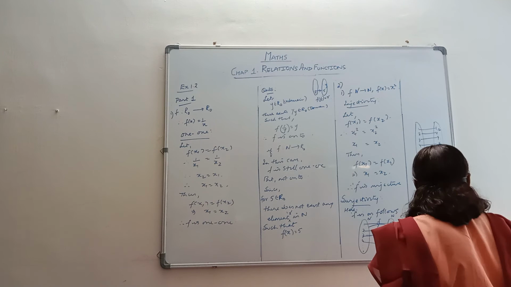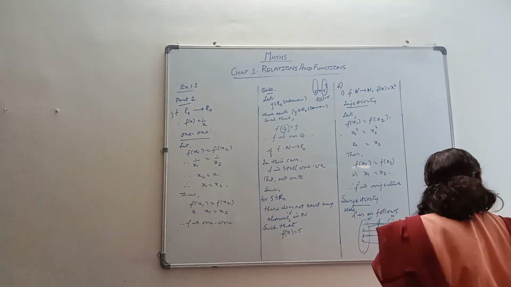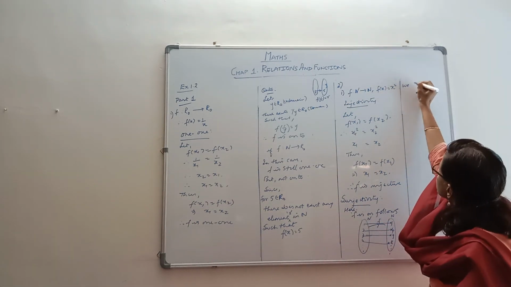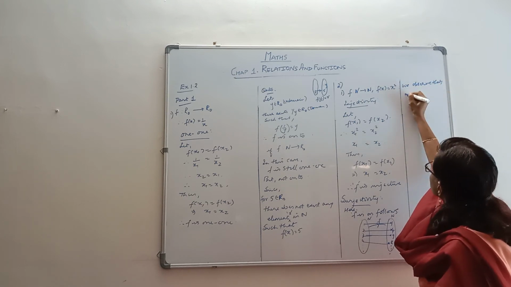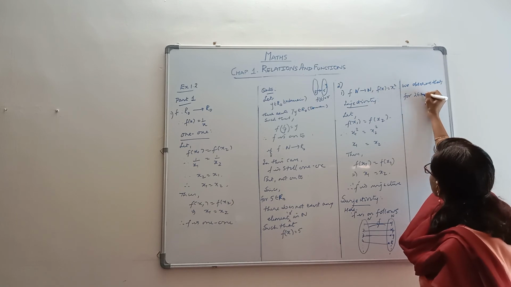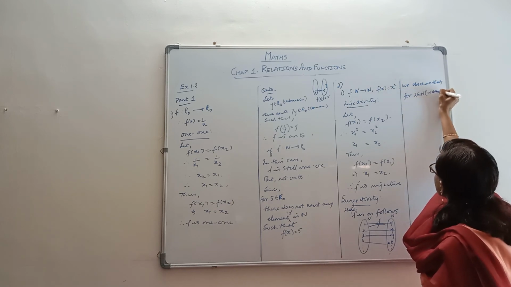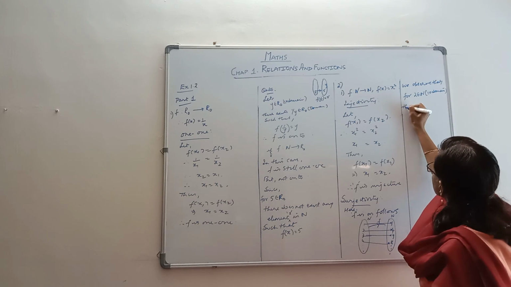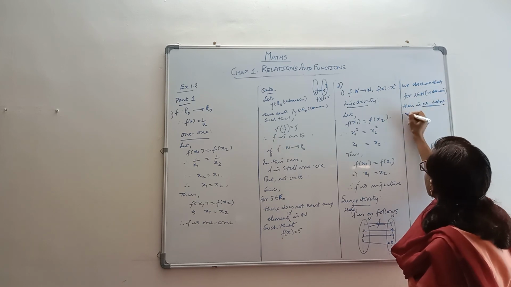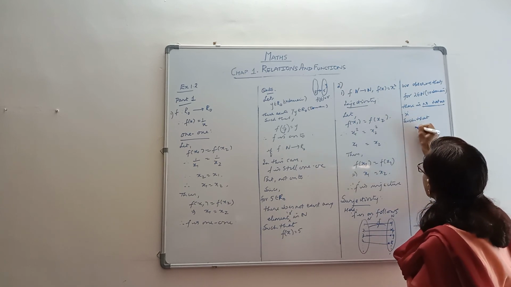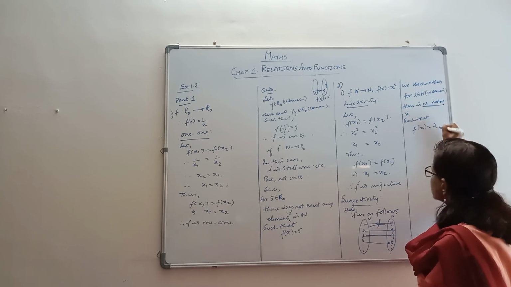We observe that for 2 belonging to natural numbers of the codomain, there is no natural number x such that f of x equal to 2.